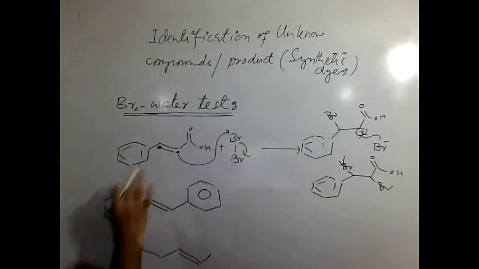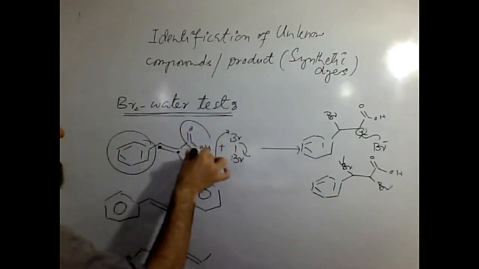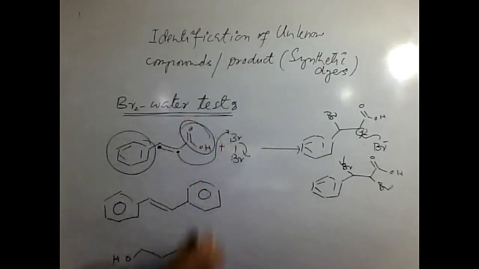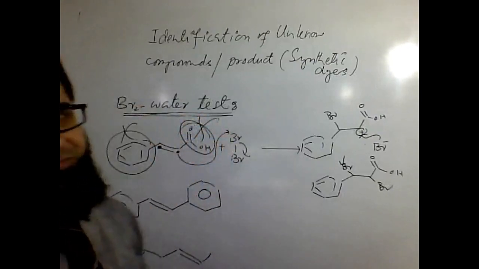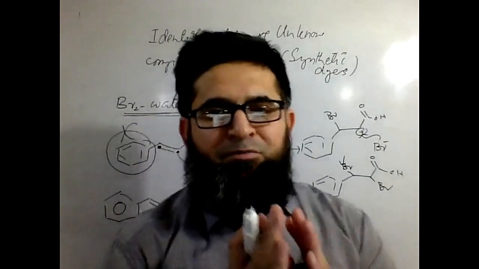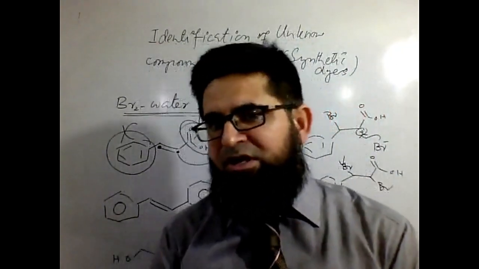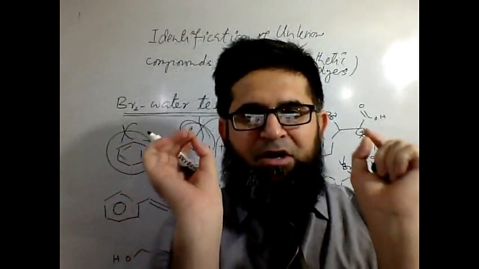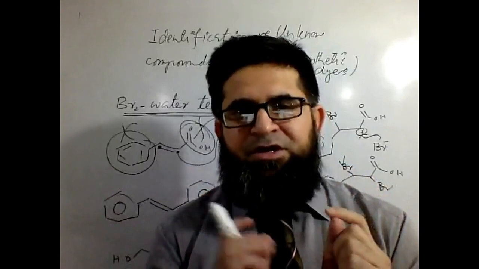However, in this molecule, the benzene is there, the carboxylic acid functionality is there. They won't participate in the reaction. The bromine water test will confirm only the presence of double or triple bonds, saturation and unsaturation.